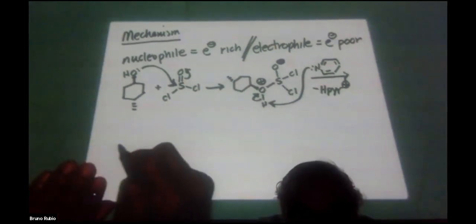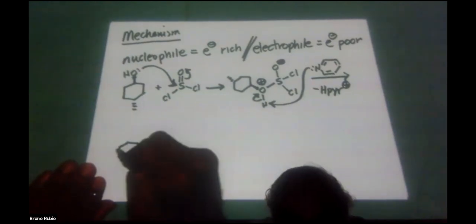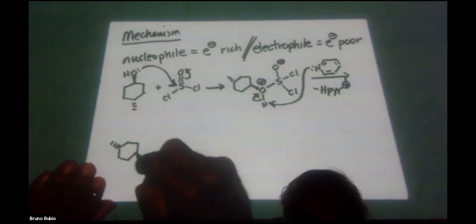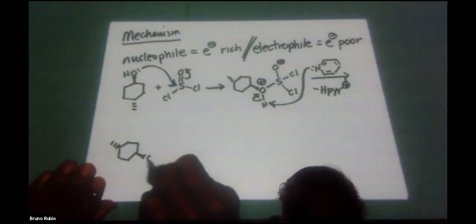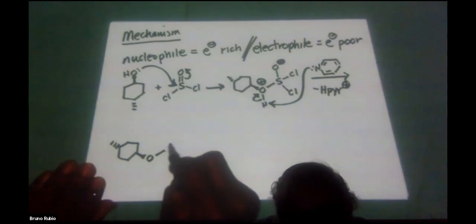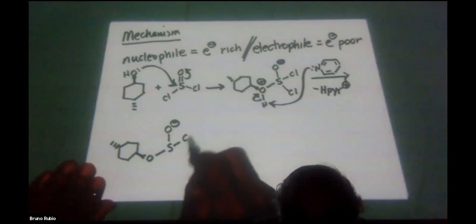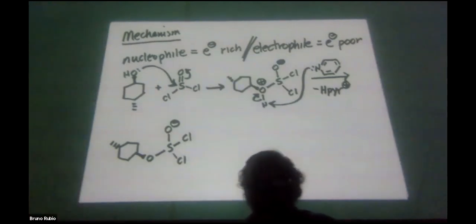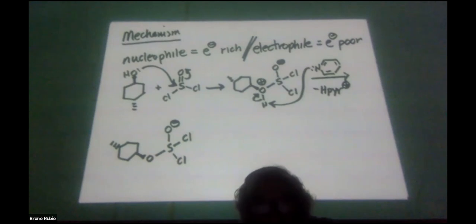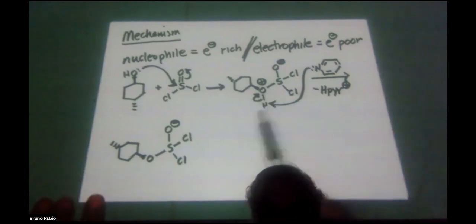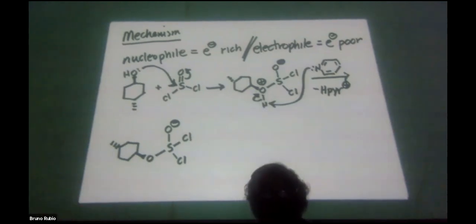All right, and so now I have dash, dash, dash, wedge, O, oxygen up here, Cl, Cl. And again, the charges have to make sense to you, right? This oxygen was positive. This arrow shows I'm bringing negatively charged electrons to something that is positive.